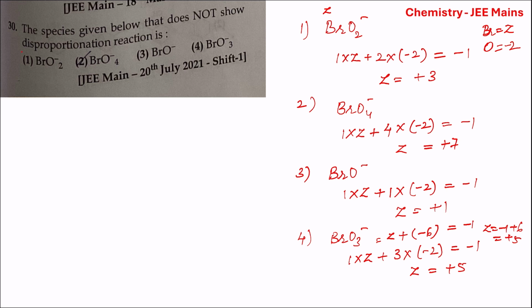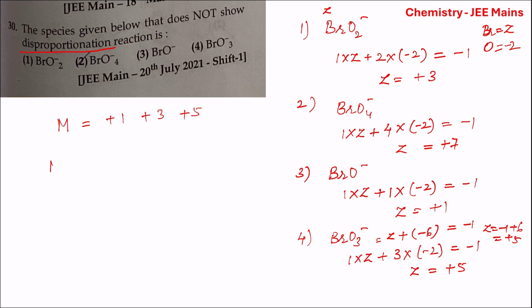Now, what is a disproportionation reaction? Let's take for example any element, let it be M. Suppose it has different oxidation states like plus 1, plus 3 and plus 5.